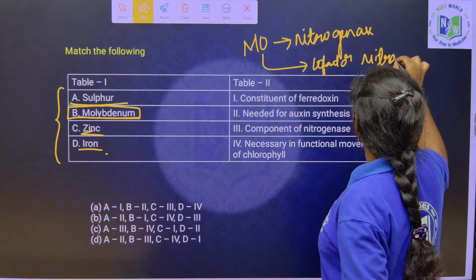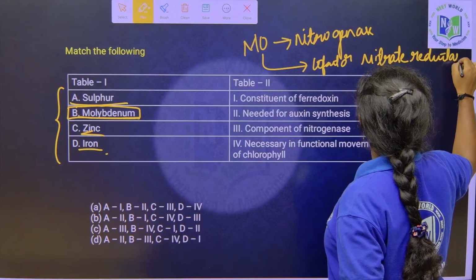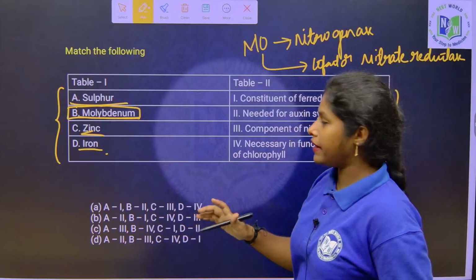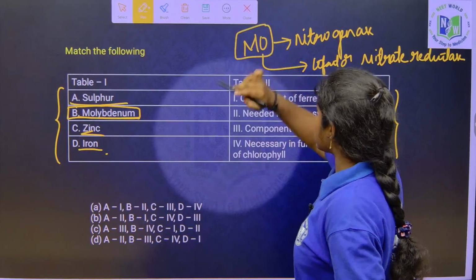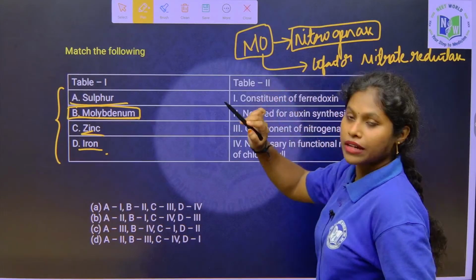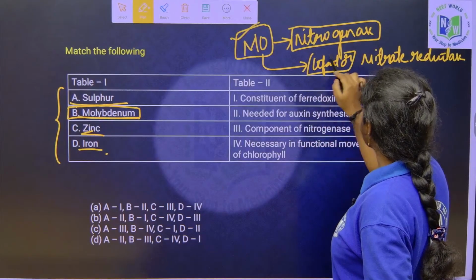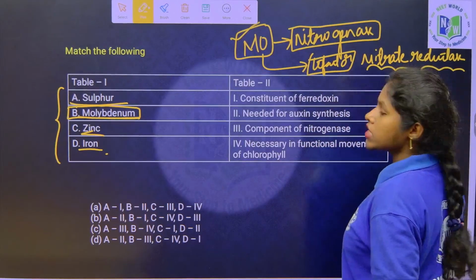Whatever points I am saying, students, remember them in your mind. These are the most repeating questions. Molybdenum is one of the main required elements for the nitrogenase enzyme, and it also acts as a cofactor for the nitrate reductase enzyme.